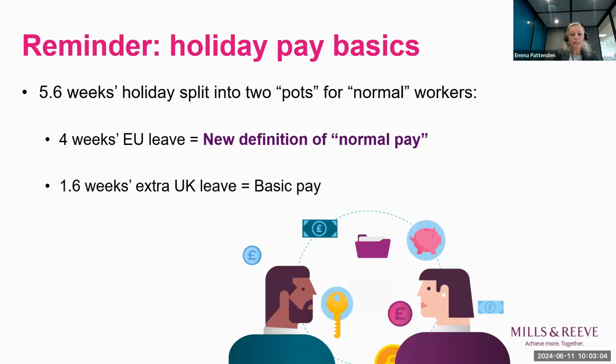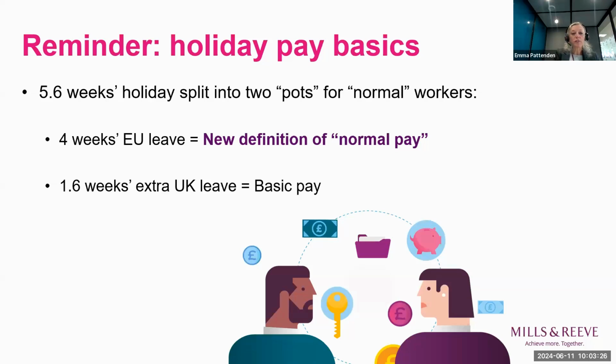I've set out on the slide there that for normal workers, so workers who aren't irregular hours or part-year workers, there are still two distinct pots of annual leave with two different rates of pay. There was an opportunity to amalgamate the two types of leave, but that isn't what happened. So that distinction does remain going forwards at present.